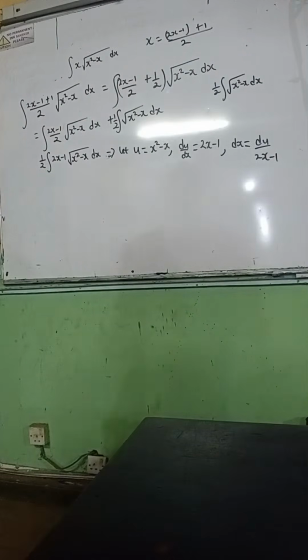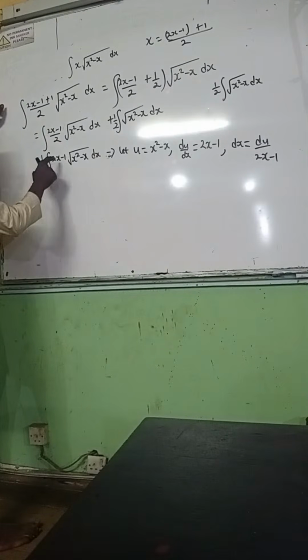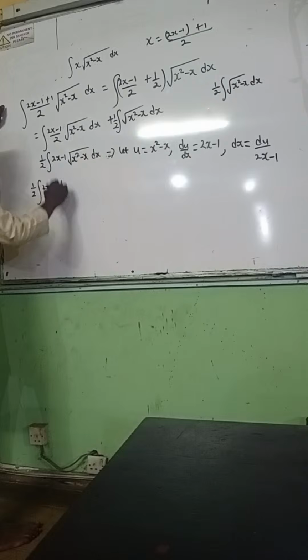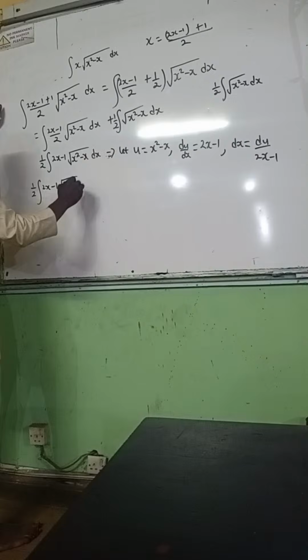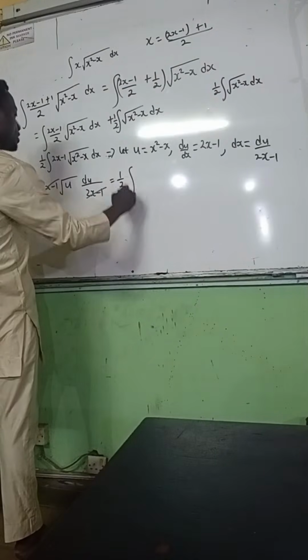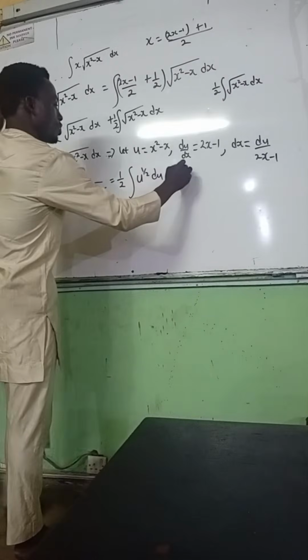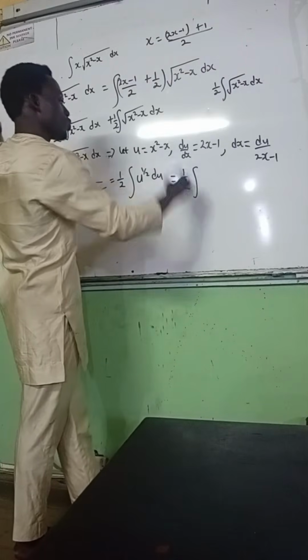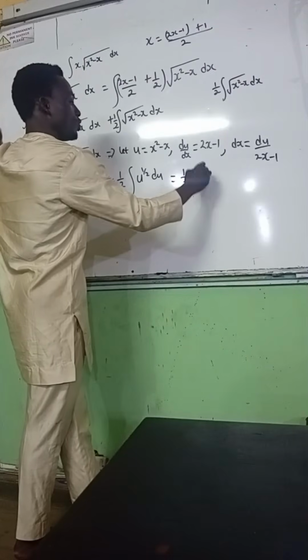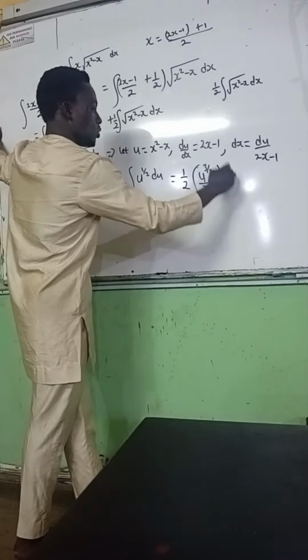So here we now have 1 over 2 integral of 2x minus 1 square root of u. What's our dx? du over 2x minus 1. This cancels. So it becomes 1 over 2 integral of root u du, equals 1 over 2 integral of u raised to 1 over 2, which integrates to u raised to 3 over 2 plus c.